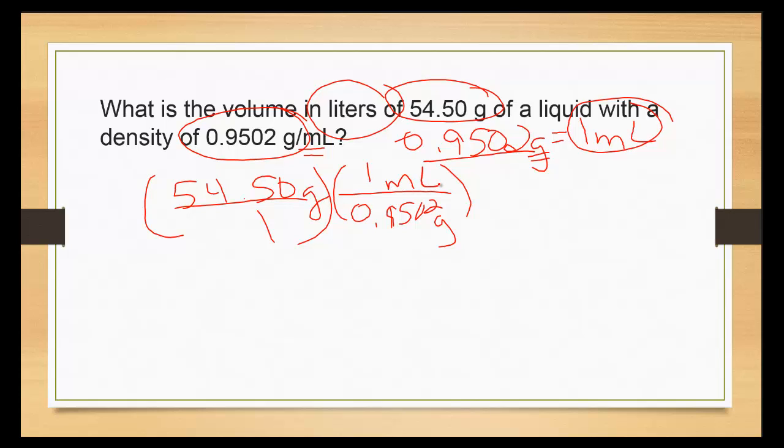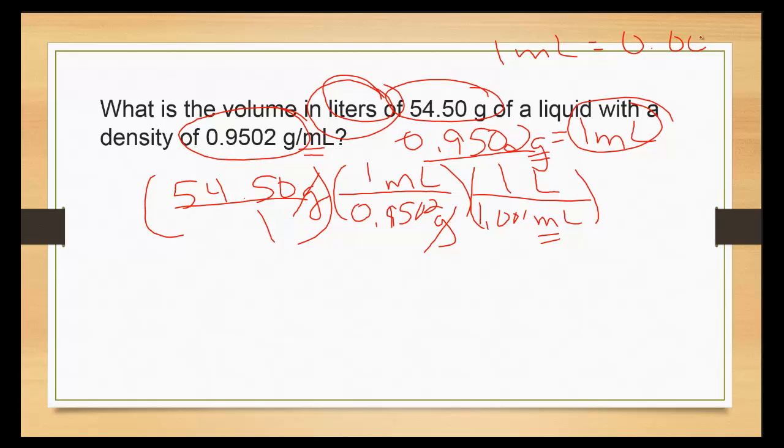It's asking about liters. Milli means 1,000. So milliliters will be on the bottom because we want them catty cornered. The grams cancel. 1,000 goes with milliliters because milli stands for 1,000, is in 1 liter. Another way to put that is 1 milliliter is equal to 0.001 liters.